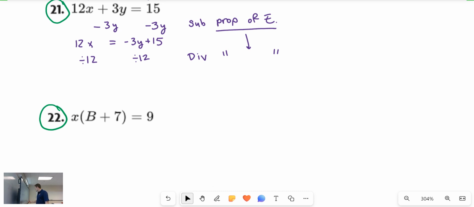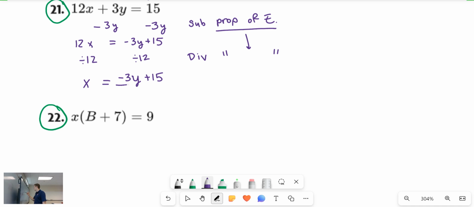All right, we divided by 12. What does that leave us with? It leaves us with an x on one side. That's what we wanted. And on the other side, we'll be a little bit creative. We'll first write it as negative 3y plus 15, all divided by 12.